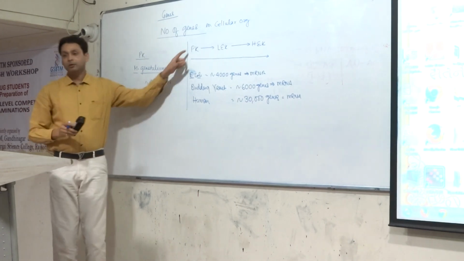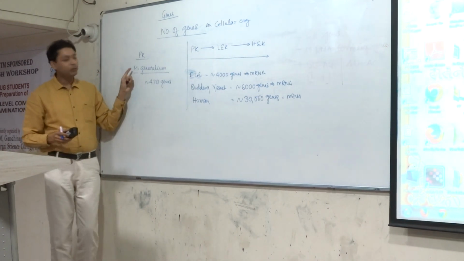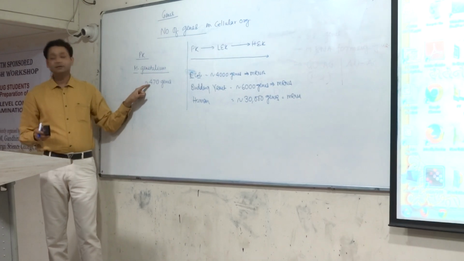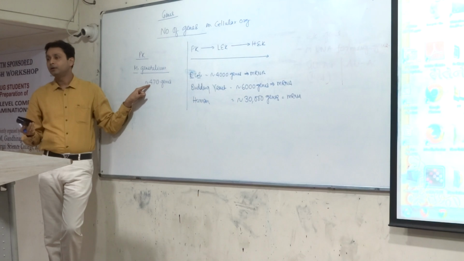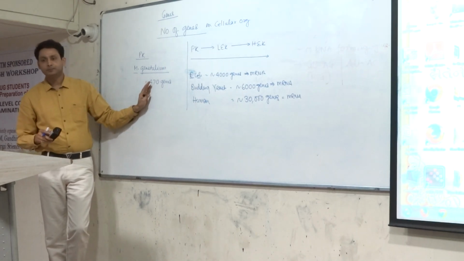So among the prokaryotes, among the cellular organisms, the minimum number of genes is reported in Mycoplasma genitalium, where the number of genes is 470, and these are messenger RNA and protein forming genes. That is the minimum number of genes that is reported.